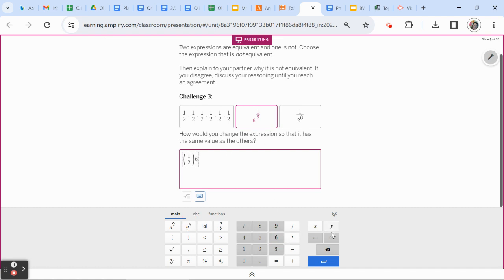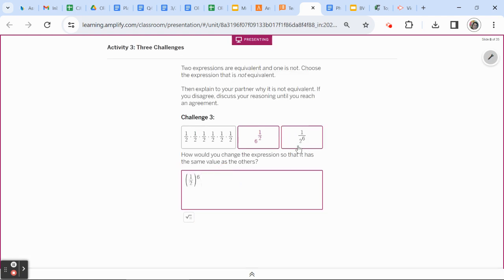Right? Did it put it right? I don't think it did it right. There we go. It had to be up a little bit higher. Now, this would be the same thing because we know 1 times 1 times 1 times 1 times 1 times 1 is still going to be 1. The only thing that's going to change is the 2. So that's why this one is still equivalent to the other one.